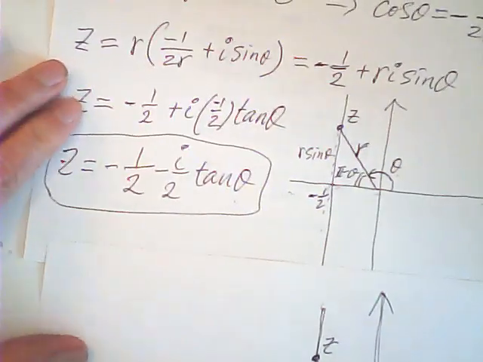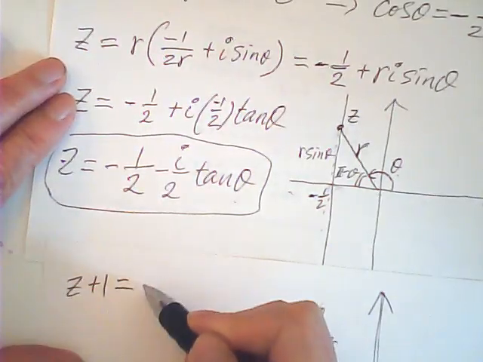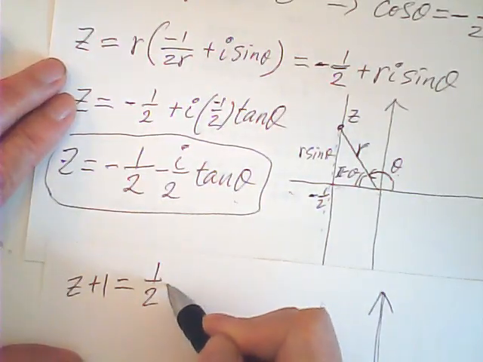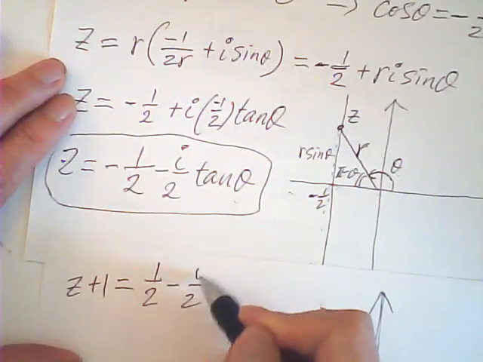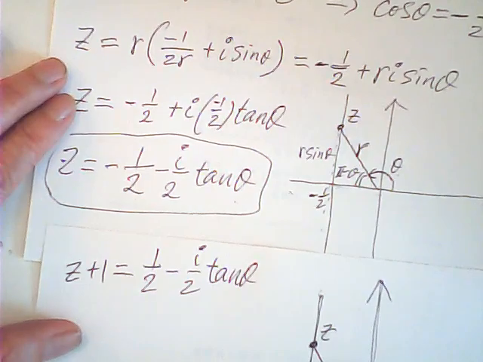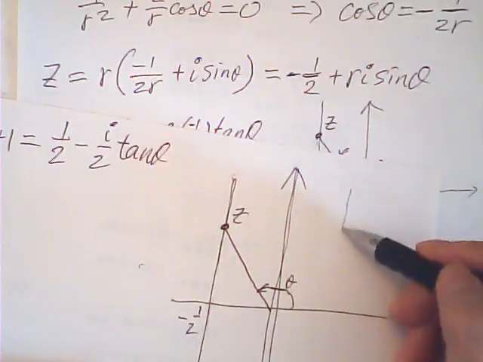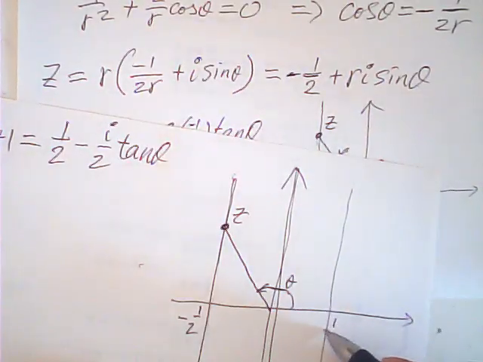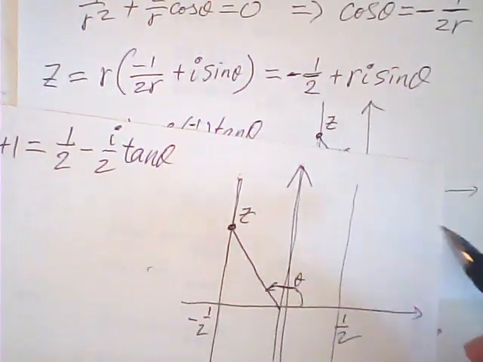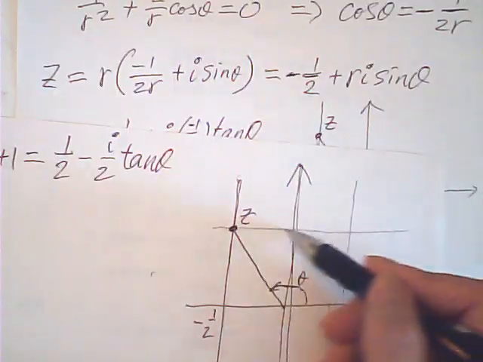Now, z plus 1 will be positive half minus half i times tangent theta. So this is positive half. They share the same imaginary part.